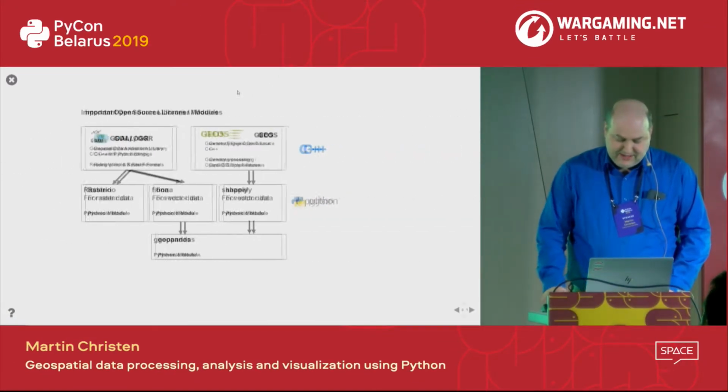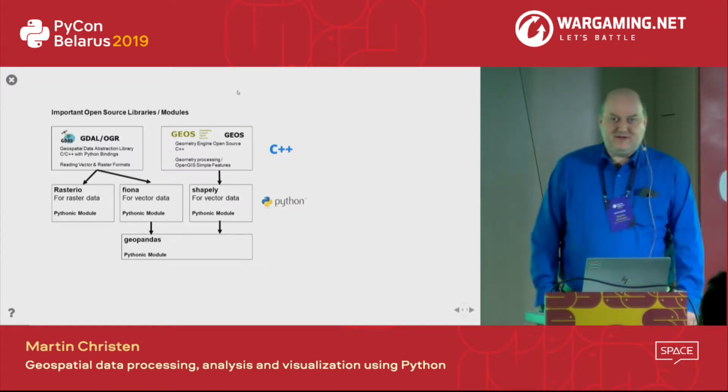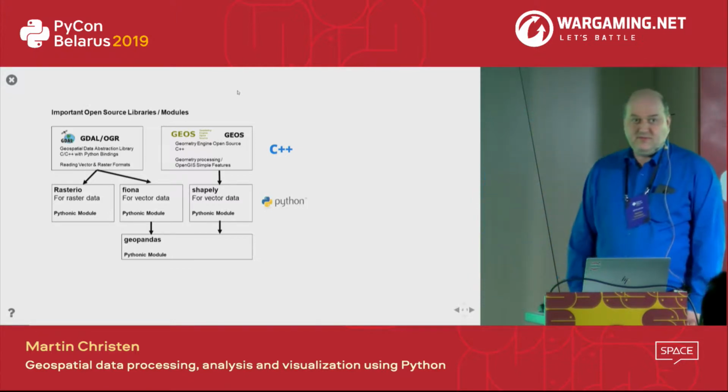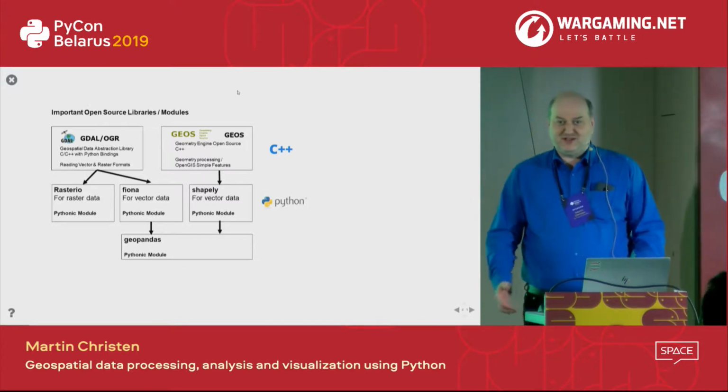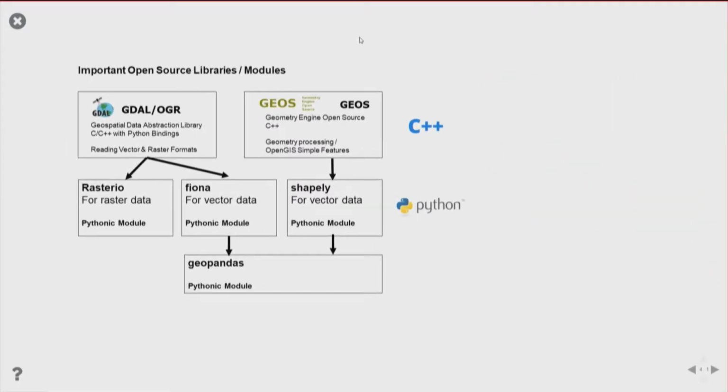Let me talk about the two biggest libraries available for geospatial data processing. One is GDAL. If you know professional GIS software, these libraries are always used. GDAL and GEOS are written in C++, and there are some bindings available for Python, but they are horrible.